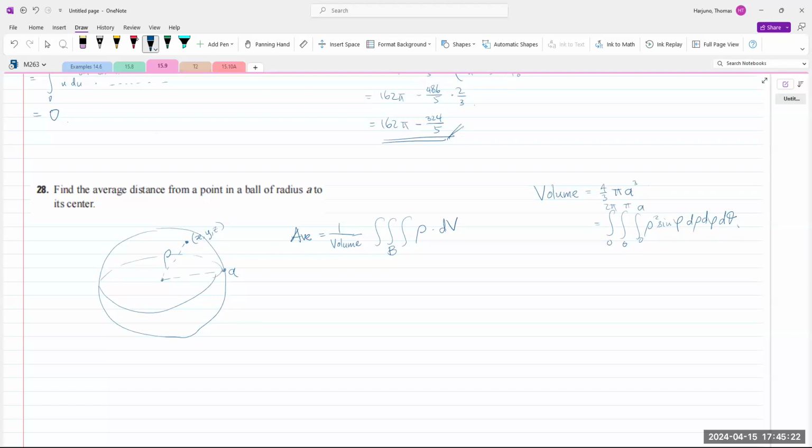Okay, you will get that. But this is basically the triple integral over B of dV. Now notice that I insert this rho here.